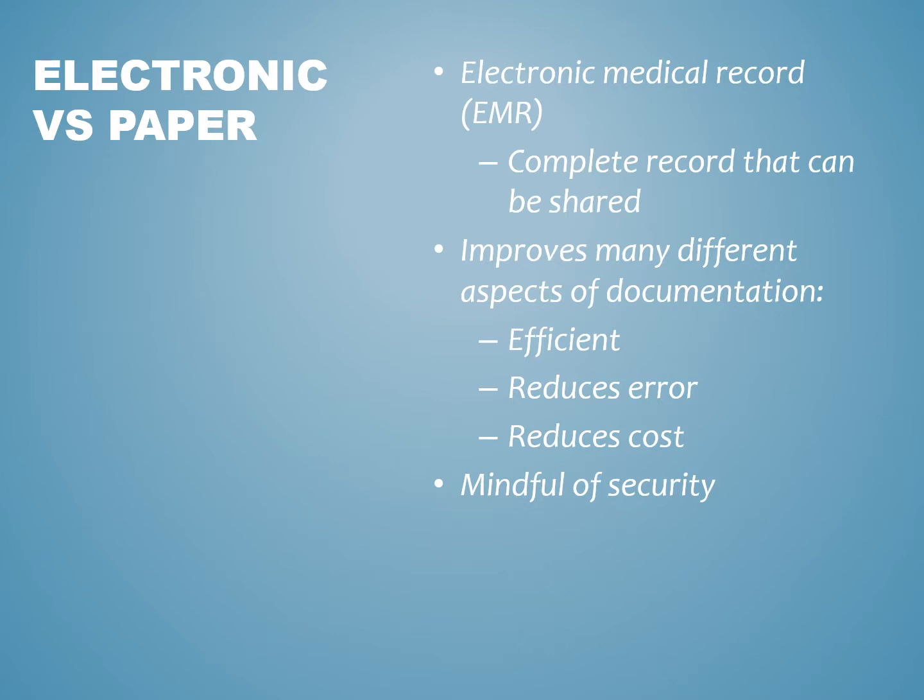EMRs can be easily shared among different healthcare providers, and because of this, simplify the process for any healthcare provider who may need to review a complete medical record for an individual patient between facilities, all the while reducing cost. The downside to using an EMR is that the improved portability and accessibility creates security issues that threaten patient privacy.